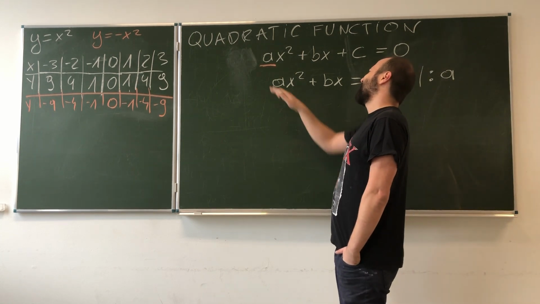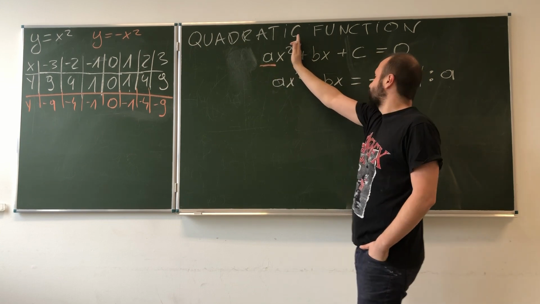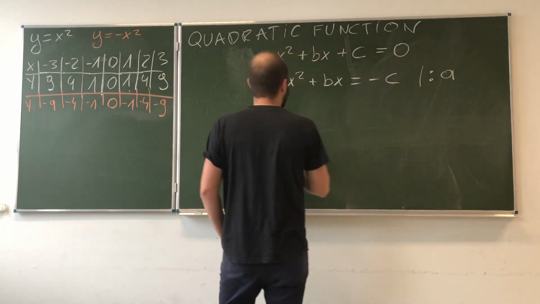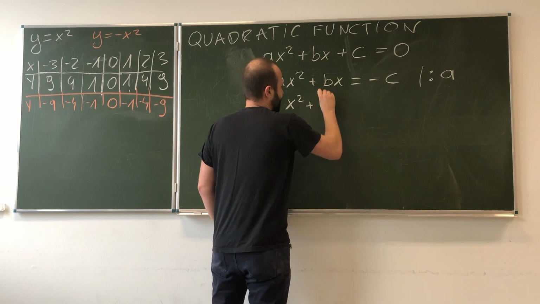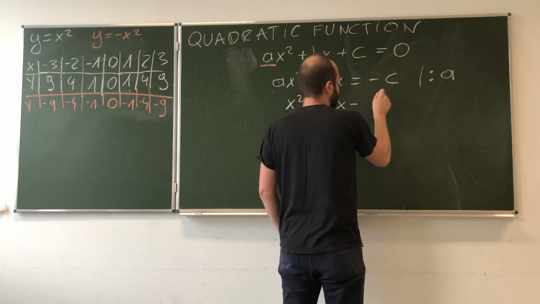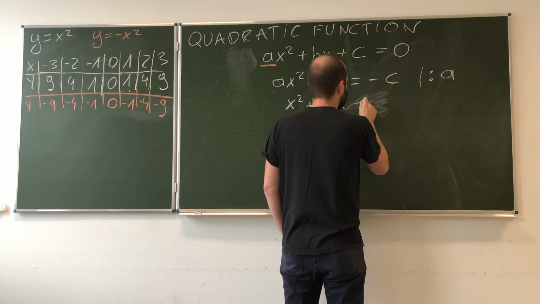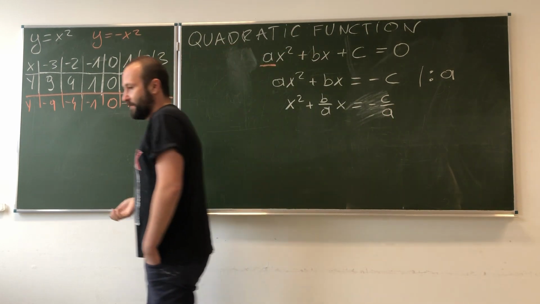And it makes perfect sense because if A is 0, we would end up with just a linear function, right? So, what I'm doing here is dividing both sides by A. So, we've got x squared plus B over A x equals negative C over A.